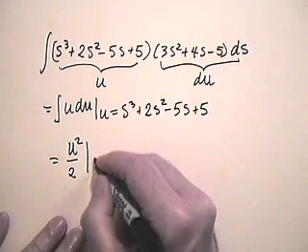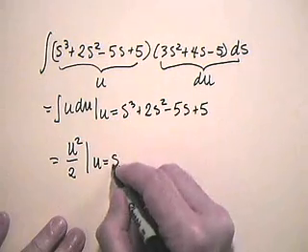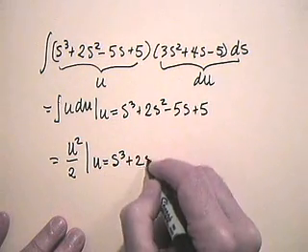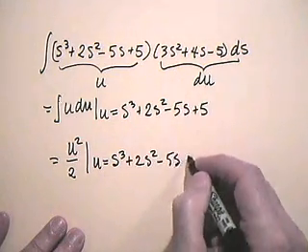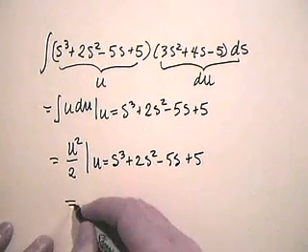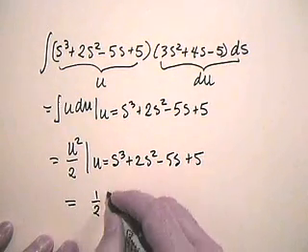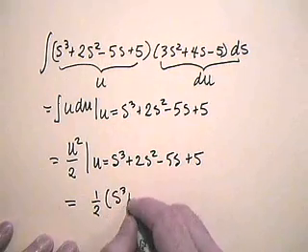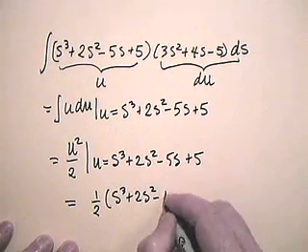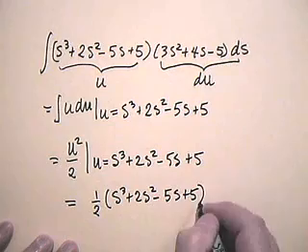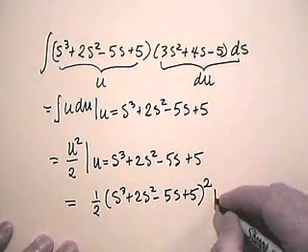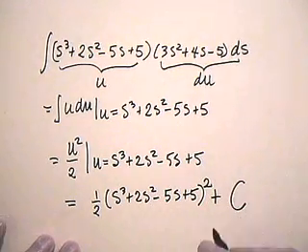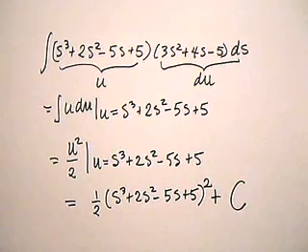And so we want to substitute for u the expression s cubed plus 2s squared minus 5s plus 5. And so that will result in 1/2 the quantity s cubed plus 2s squared minus 5s plus 5, all squared. And of course, don't forget the big capital C.